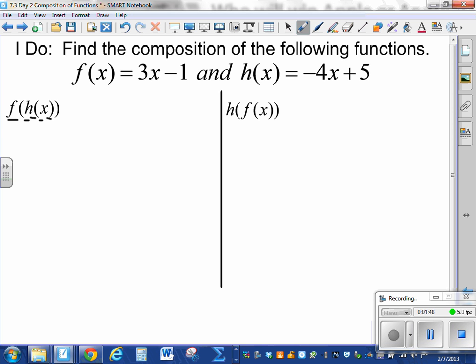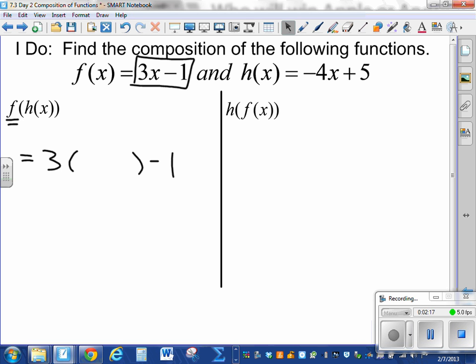Now the first thing you want to look at is the function on the outside part, which is your f function. So you're going to write the f function, which is this 3x minus 1 piece. But instead of putting the x, I'm going to replace the x with a blank spot. The reason is because I'm going to substitute into every single part that has an x.